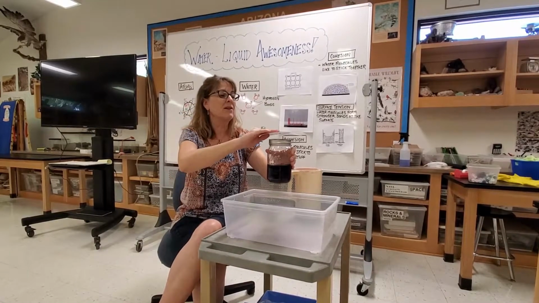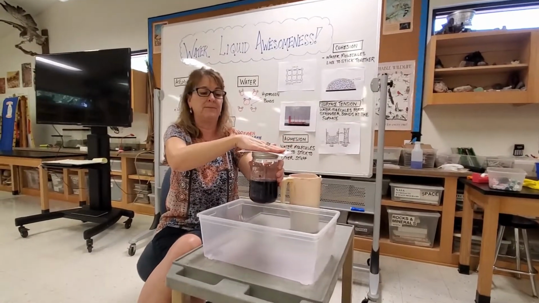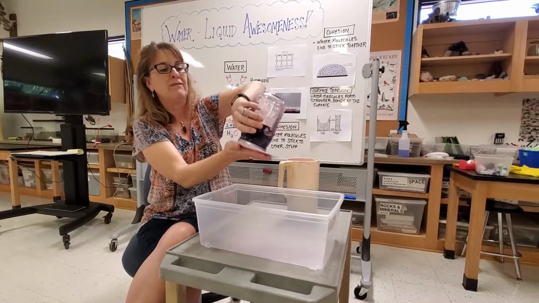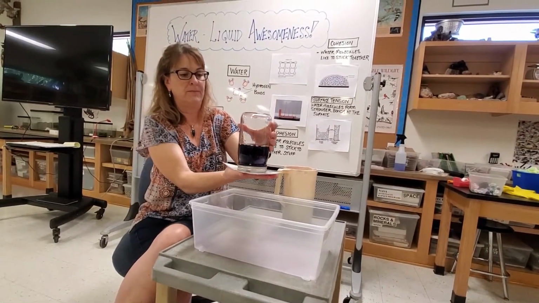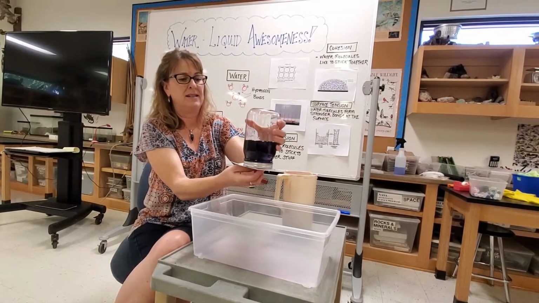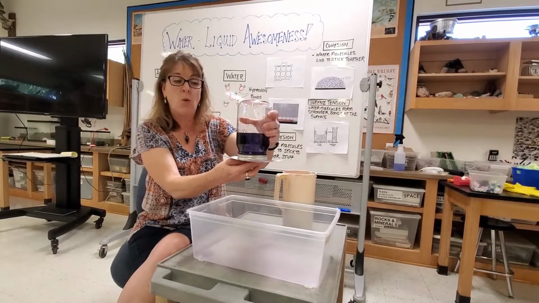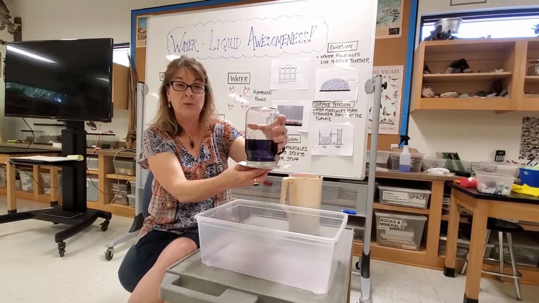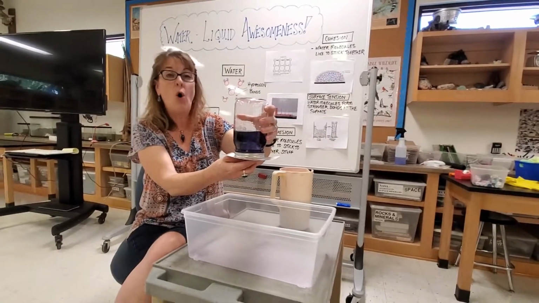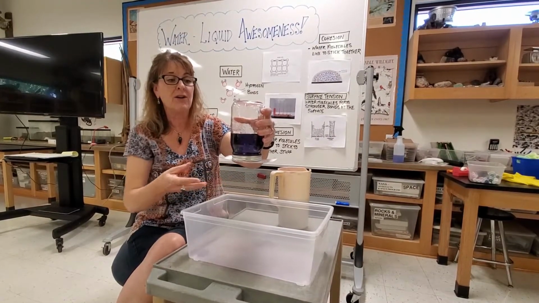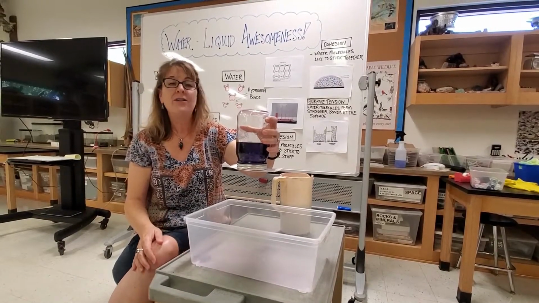And then we take this card and put it over the jar. We can flip the jar over, and the adhesion qualities of the water molecules will actually hold this card on the jar.